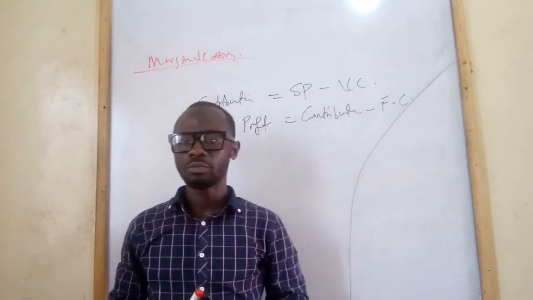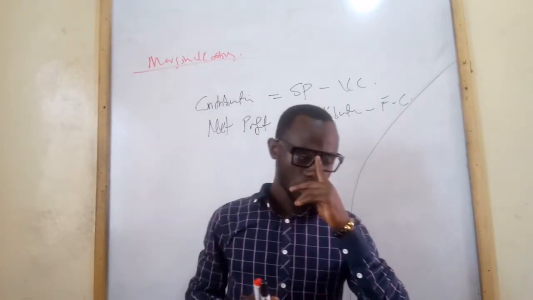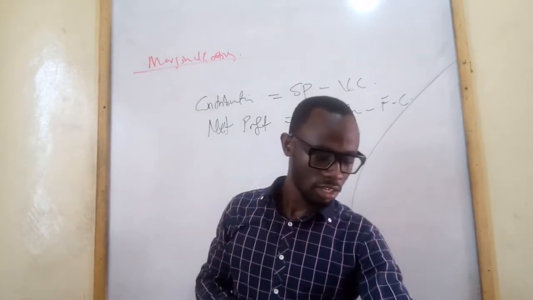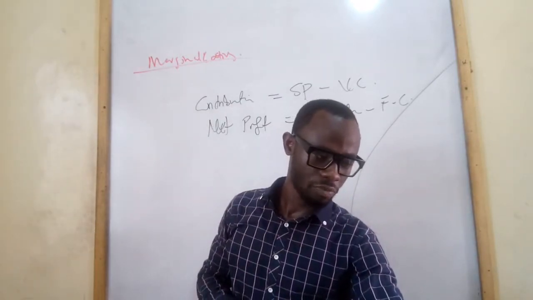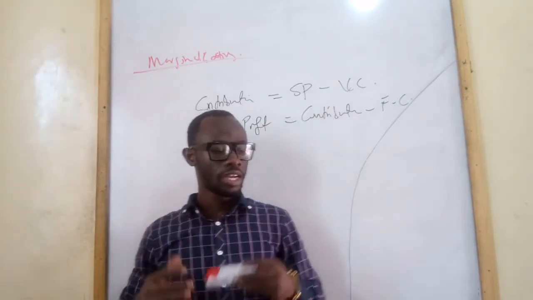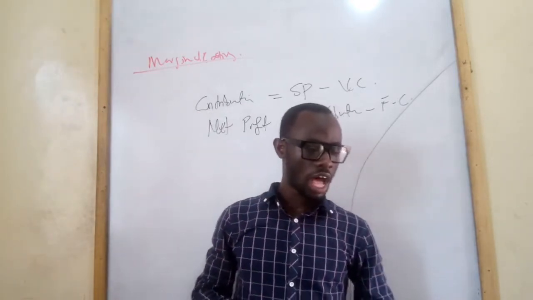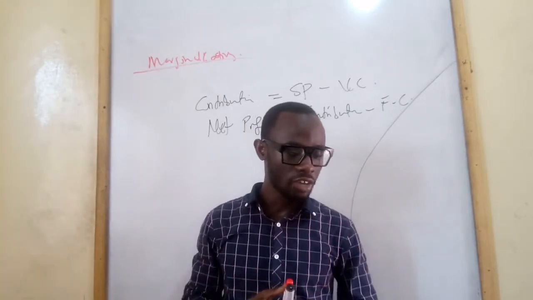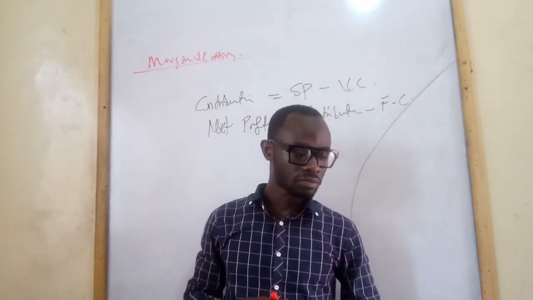Now, there are four principles of marginal costing. The first one is that the period fixed costs are the same for any volume of output or for any volume of sales and production.